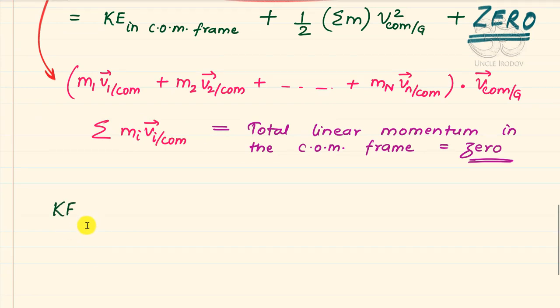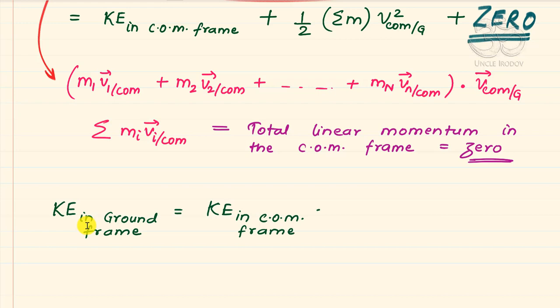KE of all the particles in the ground frame is equal to KE of all the particles in the center of mass frame plus half into the total mass of the system times V center of mass square.